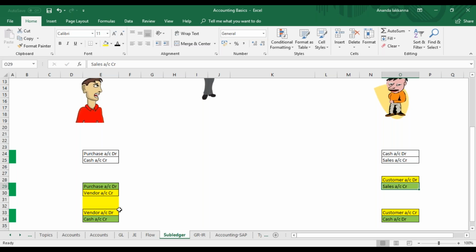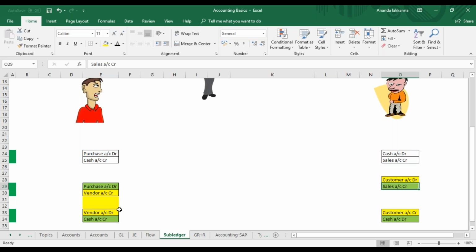Whenever you are bringing any account which is not our general ledger account, means the vendor account, customer account, those things will not make any changes in the P&L account, right? Because the value will not change, only the account balance will increase.